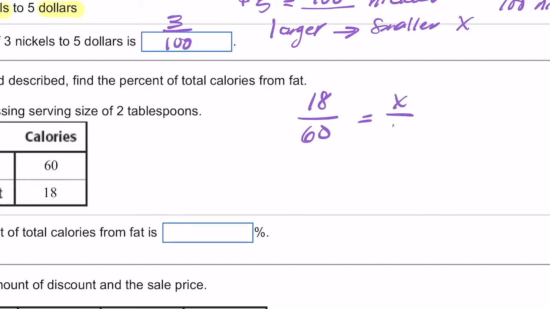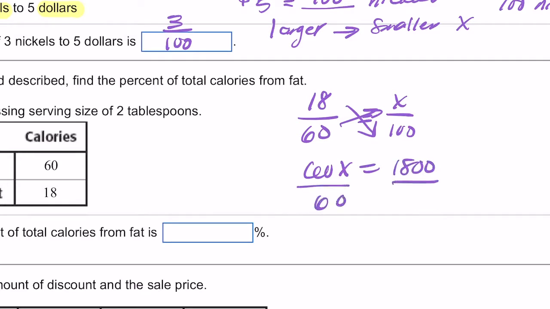That is what percentage? You're just dividing 18 by 60, or you can cross multiply. Either way, you get the same answer. If I cross multiply, I get 60x equals 18 times 100, which is 1800, and then dividing by 60, you get 30.